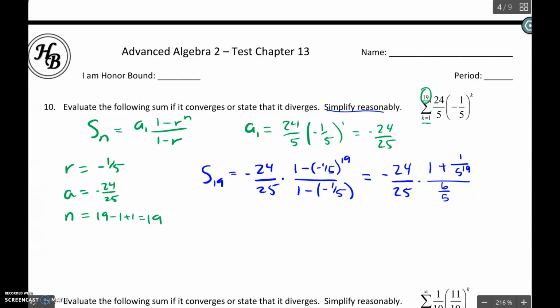All right, this fifth can become a 5. So we have -24 times 1 plus 1 over 5 to the 19 all over 30.